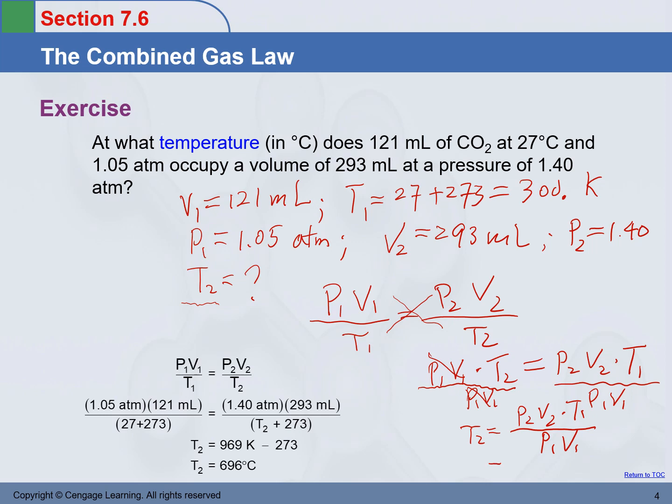T2 here, if you do your calculation, should be 969 Kelvin. Then you use the Kelvin number you get minus 273, you got your Celsius answer, which is 696 Celsius.